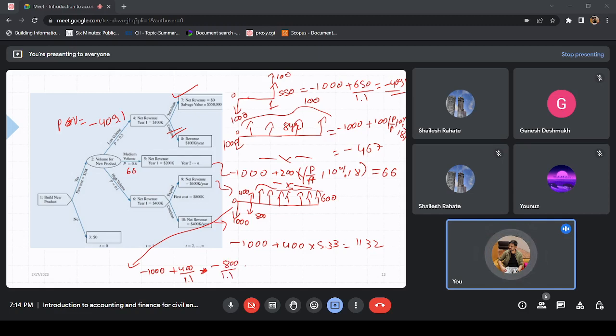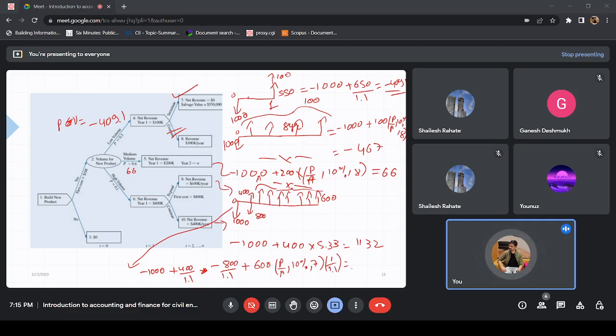Now what about the rest of the terms? 600 in plus. This is A. So P given A, 10% for 7 years. So you brought it to time t equals 1. Now you have to bring it to time t equals 0. So it would be again 1 by 1.1, right?